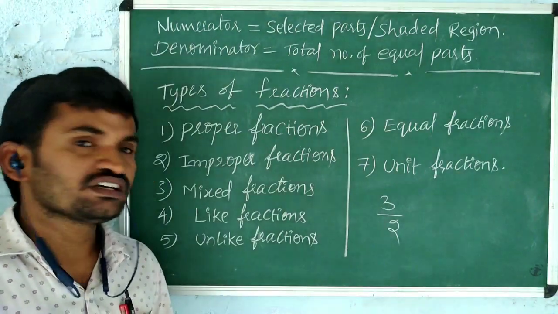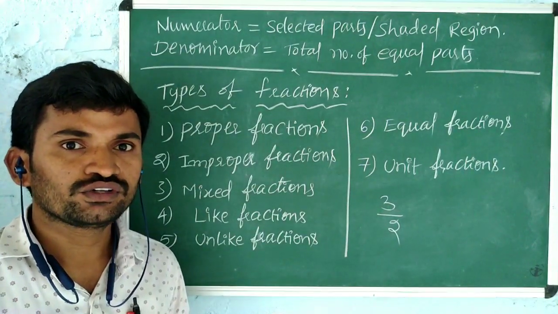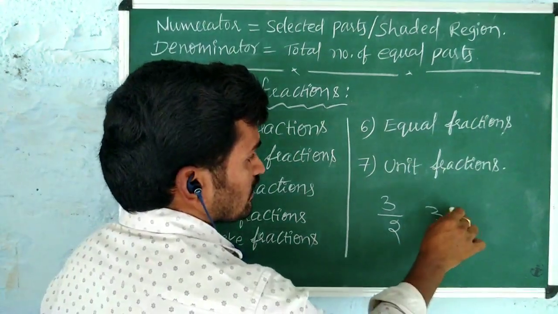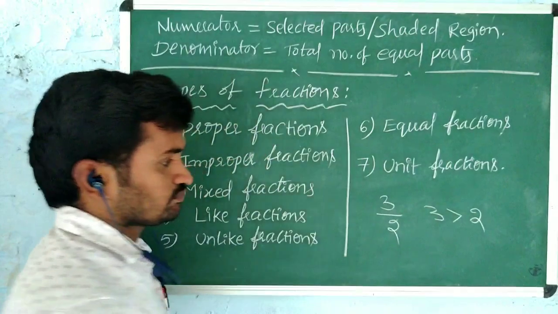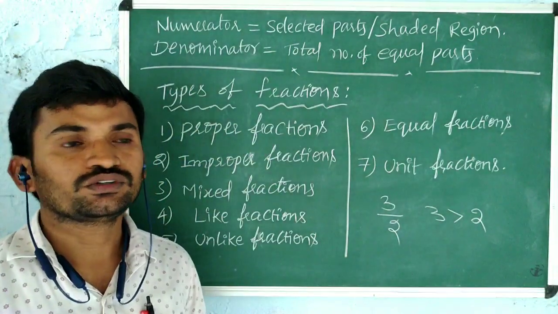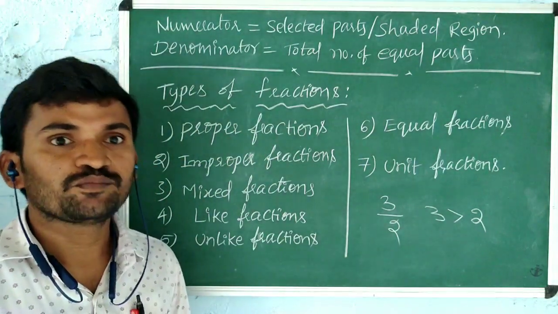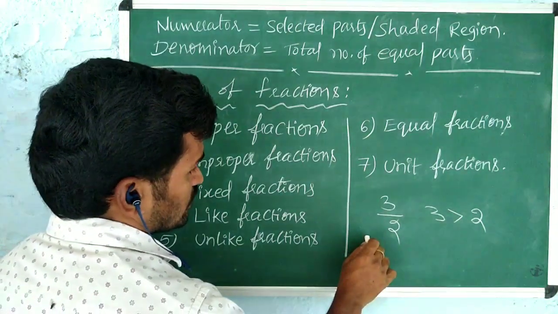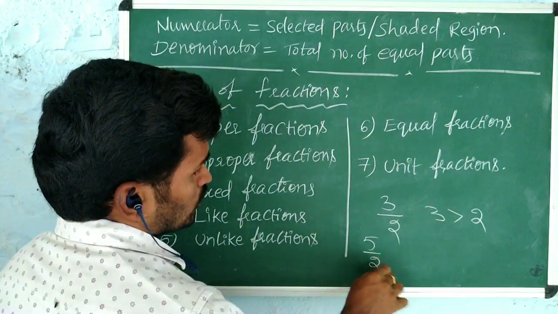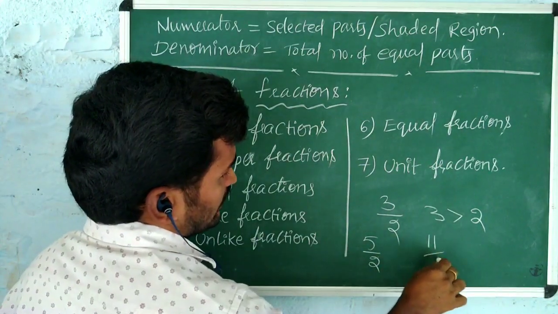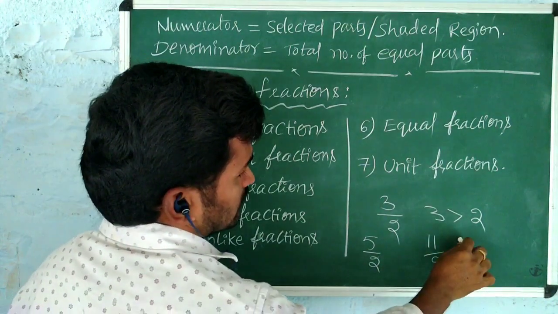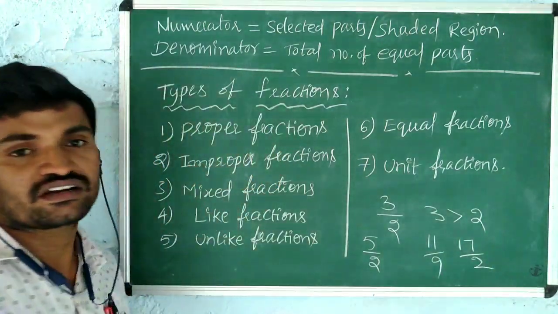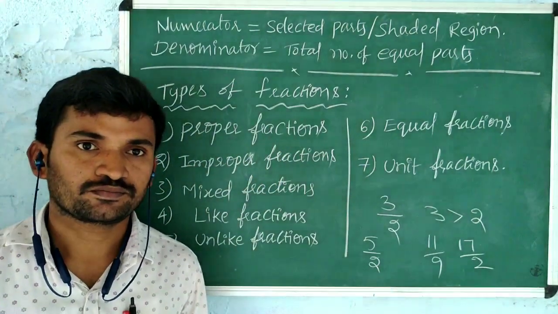In this fraction, 3 is the numerator, 2 is the denominator. So 3 is greater than 2. So 3 by 2 is an improper fraction. Next, many examples we can see: 5 by 2, 11 by 9, 17 by 2. All these are improper fractions.